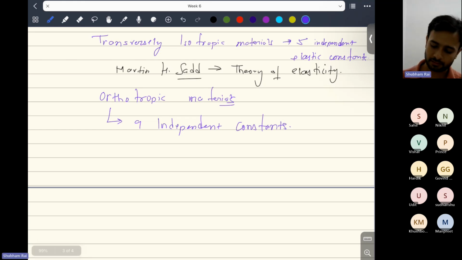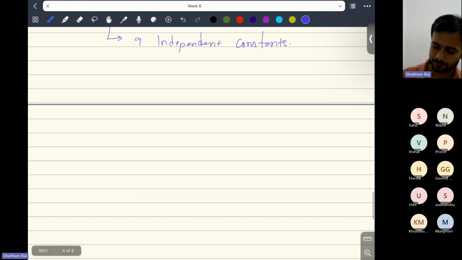Obviously in orthotropic materials, the properties in all three directions will be different. So the nine independent constants will be E1, E2, E3, G12, G13, G23, and nu12, nu13, nu23. Okay, so these will be the nine independent constants. Let me go to the problems.